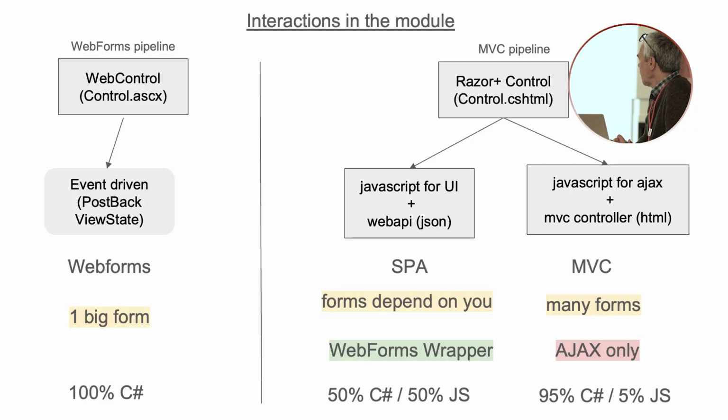You use JavaScript to manage the interactions and maybe the whole user interface, maybe with jQuery, but maybe also with React or Angular or another framework. And you rely on web APIs to interact with your backend. And the web API works with input and output in a JSON format. In that case, you don't really need to use form tags in your module because you manage everything by yourself by JavaScript.